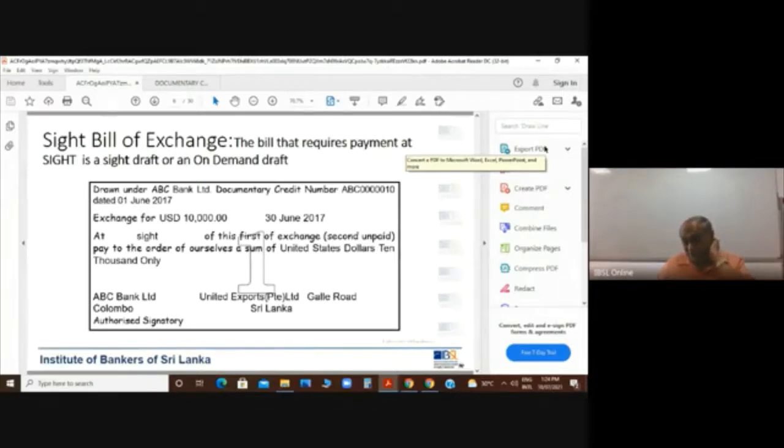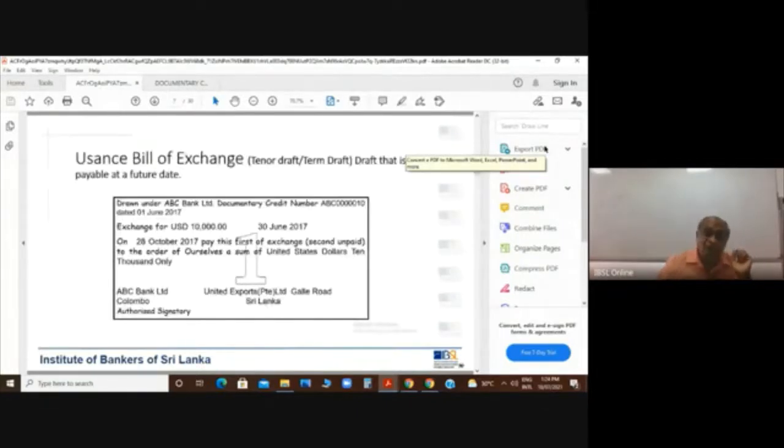Right? Okay. If it is a fixed determinable date, payable at a future date, then here 30th June is the issuance date. When do they want us to pay?